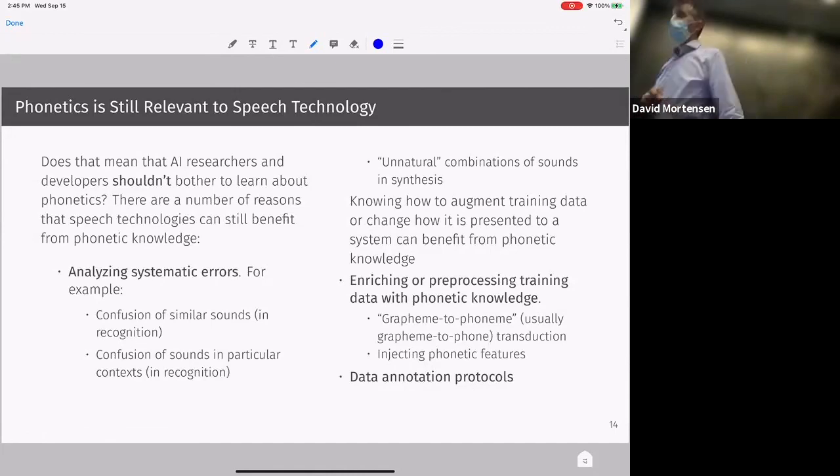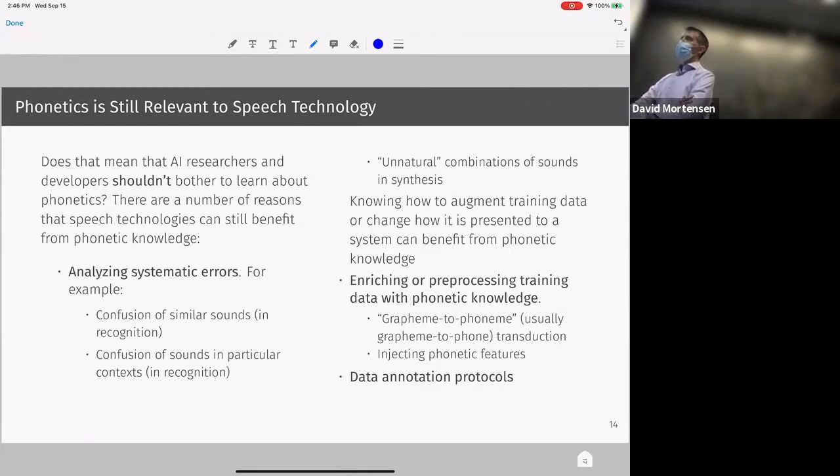So there are also areas where it's useful to enrich or pre-process training data with phonetic knowledge. One example of this is grapheme to phoneme transduction, where you take orthographic transcriptions and convert them into phonetic or phonemic transcriptions. And also in terms of data annotation protocols.